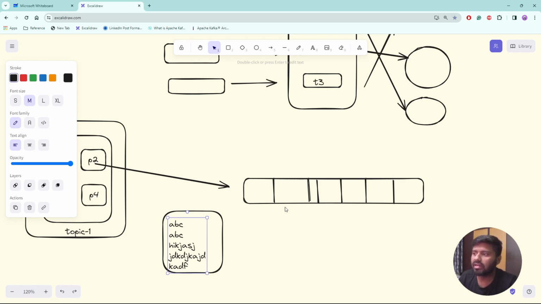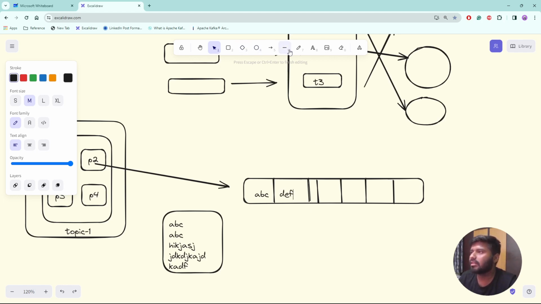Within Kafka, the partition messages are also stored in this format. Let's say at the very first cell we have some information, maybe ABC. So this is already there. Now one more new piece of information came up which I need to store. In which place is it going to be stored? It is going to be stored here, so it can be DEF.